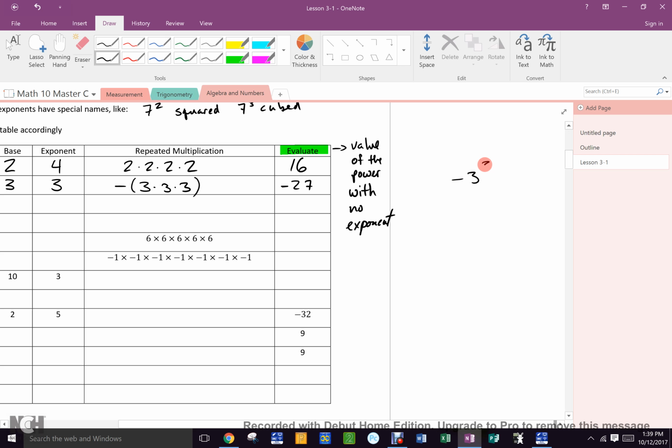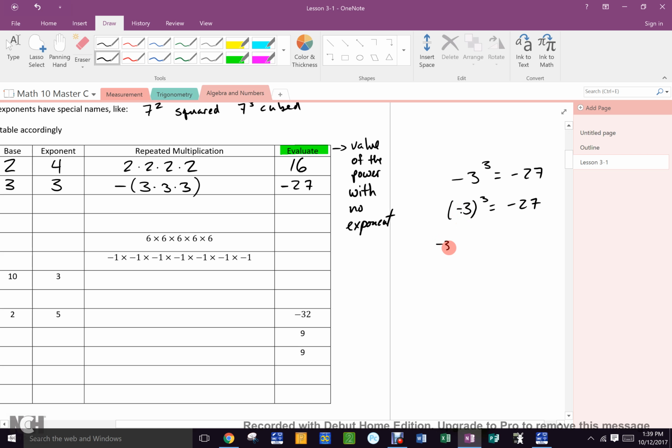Negative 3 cubed, we just did, is negative 27, yes? What is negative 3 cubed? TJ? Still negative 27. How can 2 different things give you the same answer? What's the base here? What's the base in the bottom one? No. Negative 3.